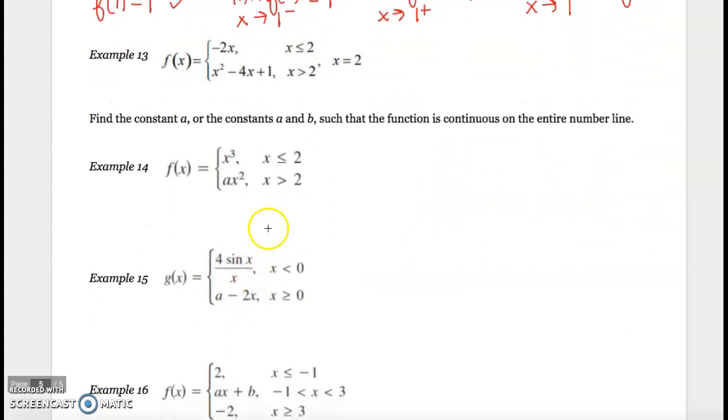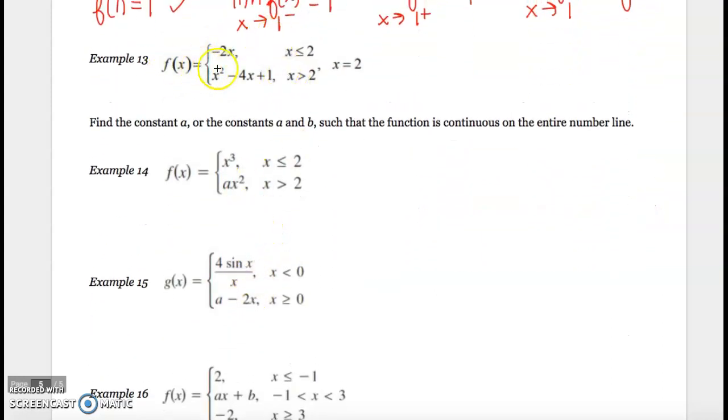All right, last little piece down here, example 13. If I find f of 2, means I'd actually plug it in where it can equal 2, so I'd get negative 4. Check, defined. My left-hand limit would be also in the top piece, so I'd get negative 4.